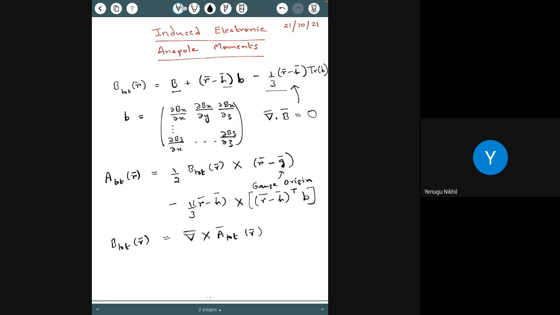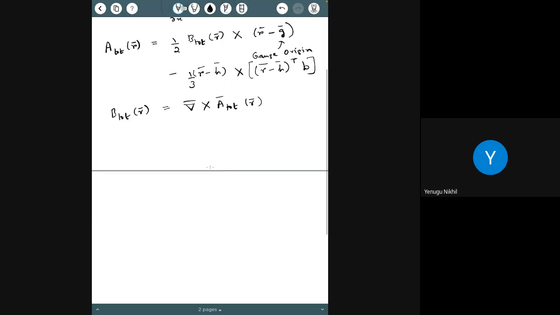So h is arbitrary in the sense that it can be cancelled by a corresponding shift in B. What I mean is that if I change h to h prime, then I can change B to B plus some other vector S, and I can choose S such that my B total prime of r is equal to B total of r.